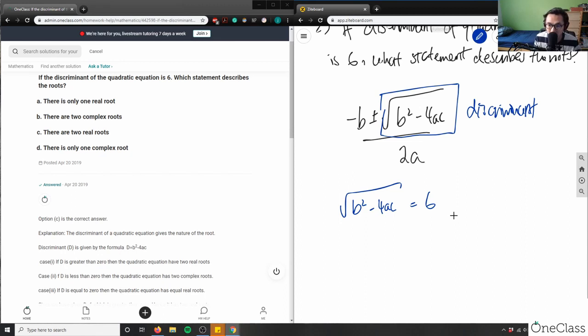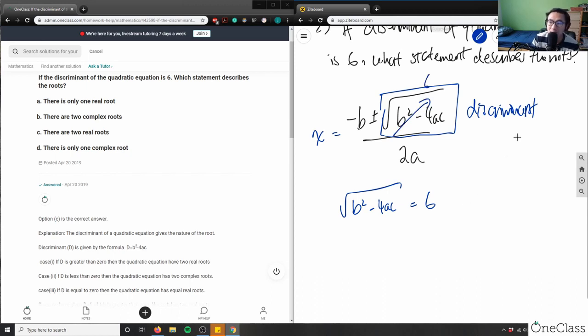What does that say about my roots? Remember, I'm solving for x. The discriminant is positive in this case, so I can say this entire square root thing is 6.